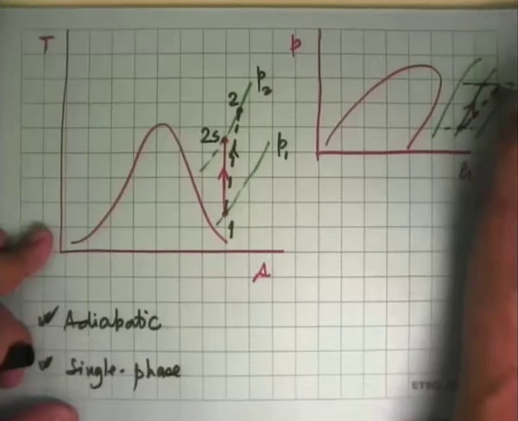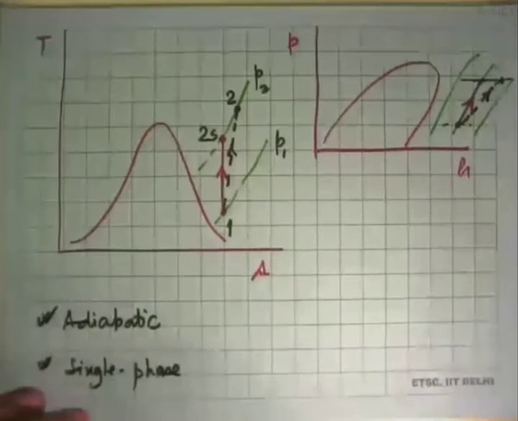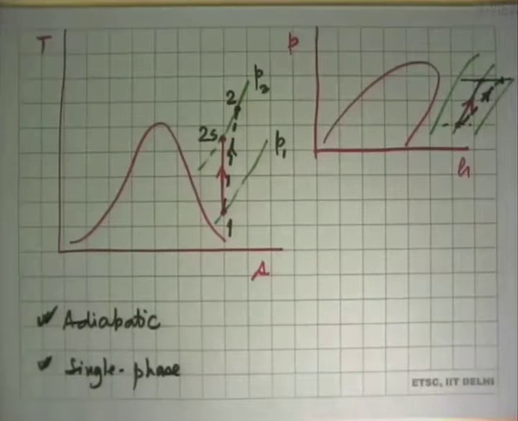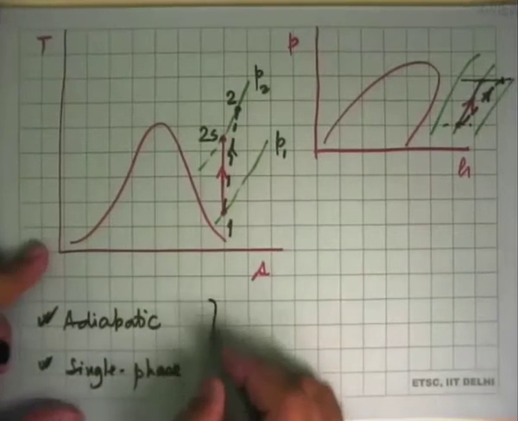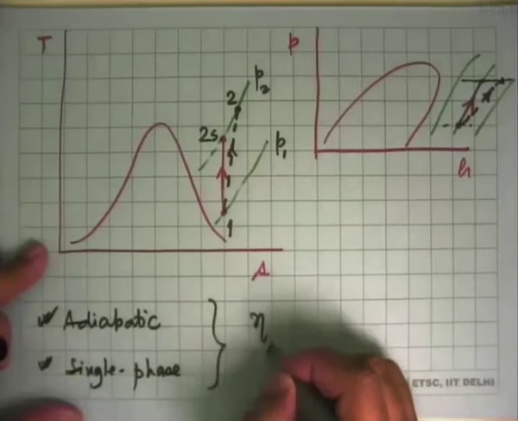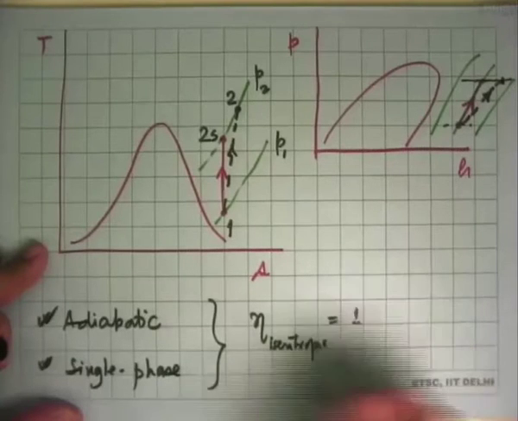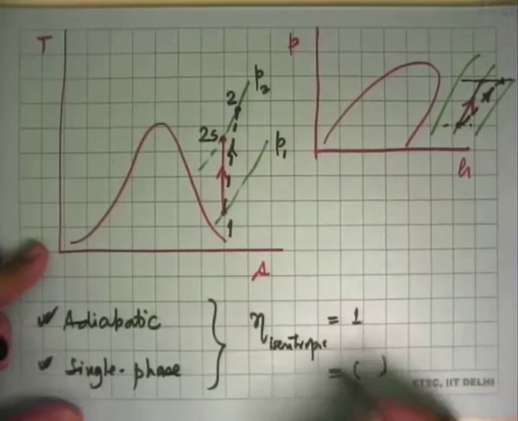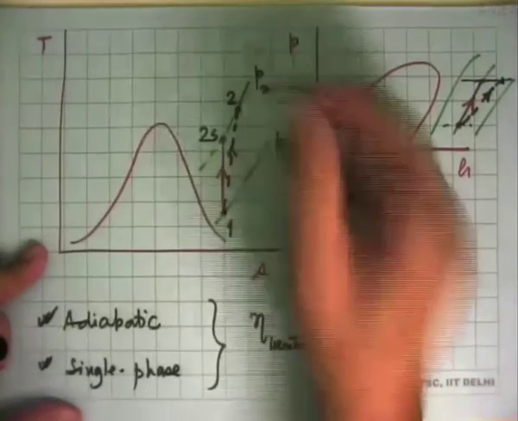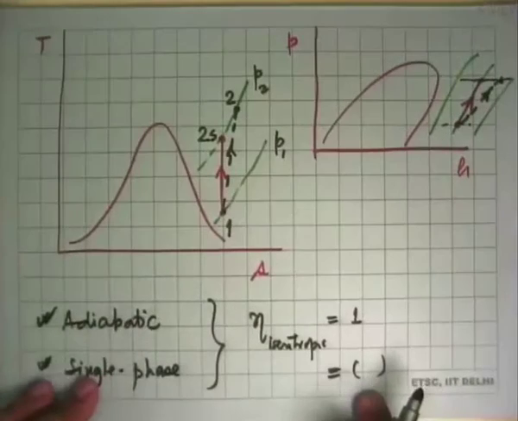So this will go off on that side. So if nothing is said, we say that isentropic efficiency is equal to 1. If the value is given, then we know that we need to calculate one of these 2 points from the isentropic efficiency.